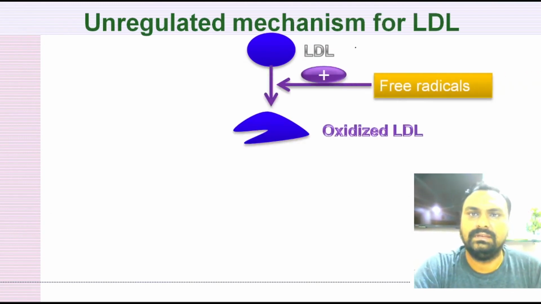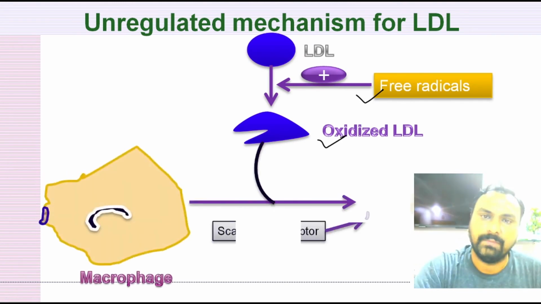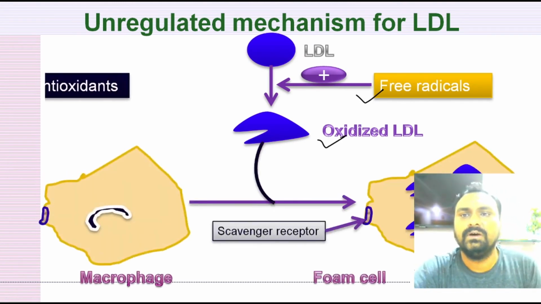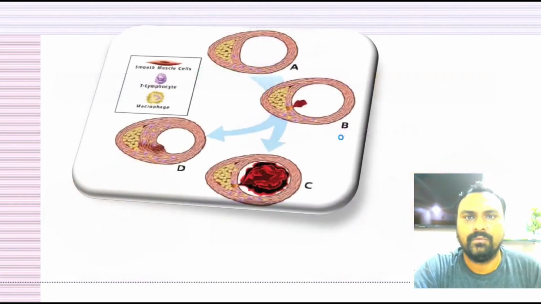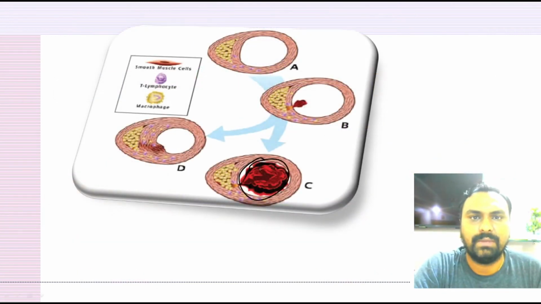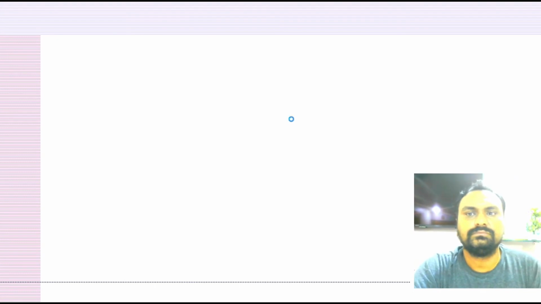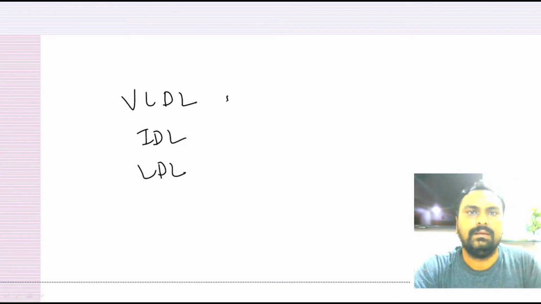And if LDL is increased, it is acted on by free radicals, and it will form oxidized LDL, which will be taken up by the macrophage, and they will form the foam cell. The foam cells ultimately proliferate, and they will form the plaque, and they will block the lumen of the artery, and it will lead to infarction. So this is all about the VLDL, IDL and LDL metabolism.